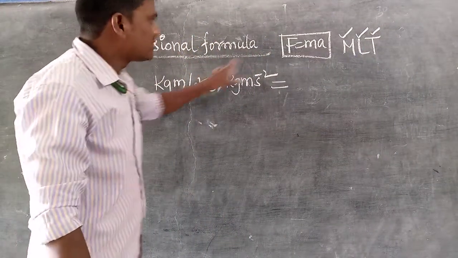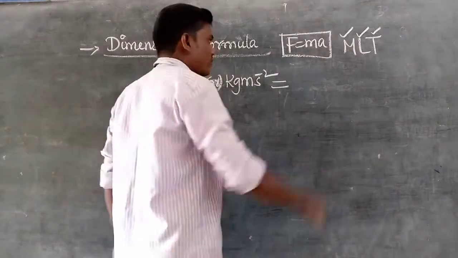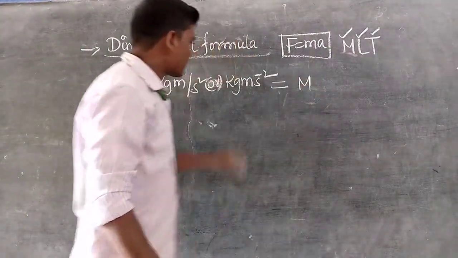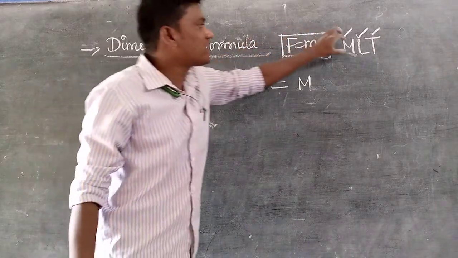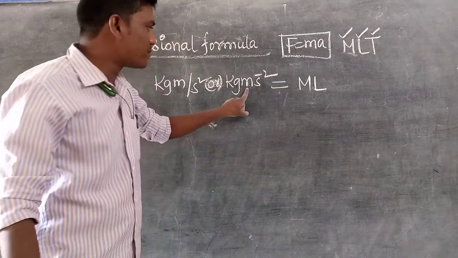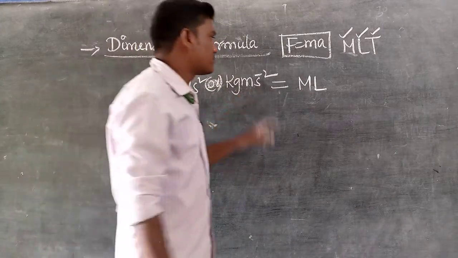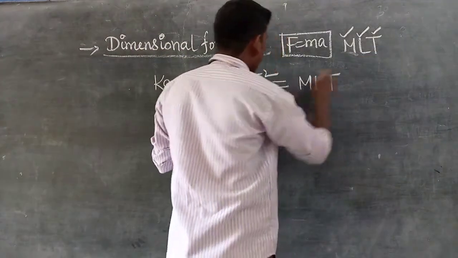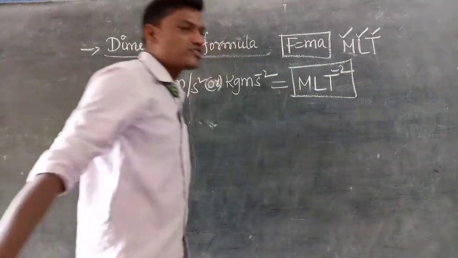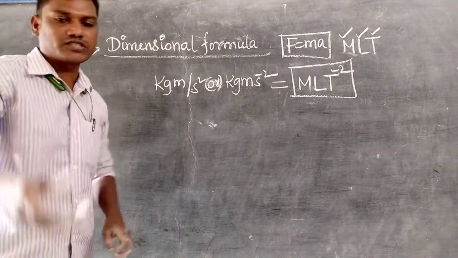Here kilogram is a unit of which one? Mass. That's why in the place of kg we can write M. Here meter represents the length or distance. That's why we can write L in the place of meter. S represents the time. That's why T. Here what is there? -2. So that's why this is the dimensional formula of which one? Force.